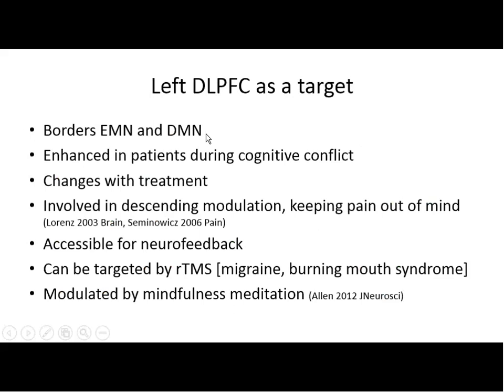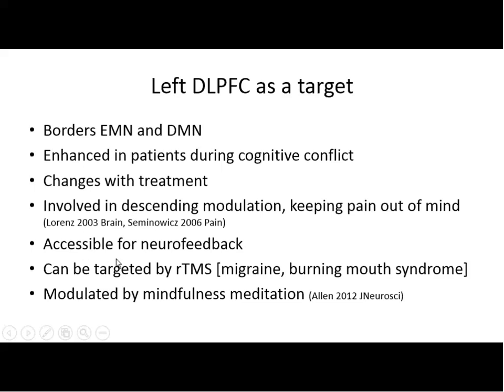I didn't get into that, but if you look at the areas that are activated during task and the areas that are deactivated during task, right along the edge, the superior frontal part of the DLPFC is activated, the edge is activated. It's enhanced in patients during cognitive conflict. It changes with treatment, which I've shown. It's involved in descending modulation, or some have referred to this as keeping pain out of mind. So the more you activate this area, the less unpleasant the pain is experienced.